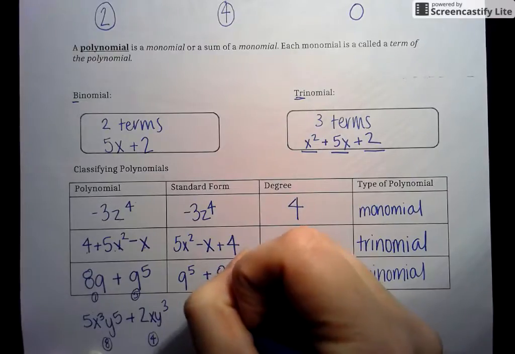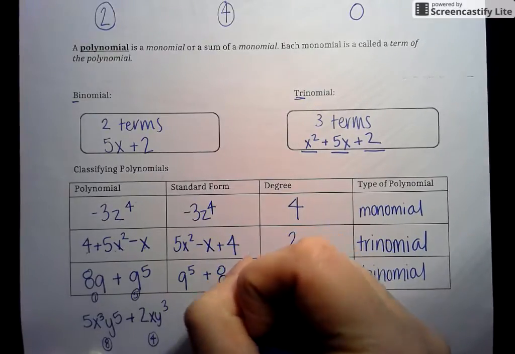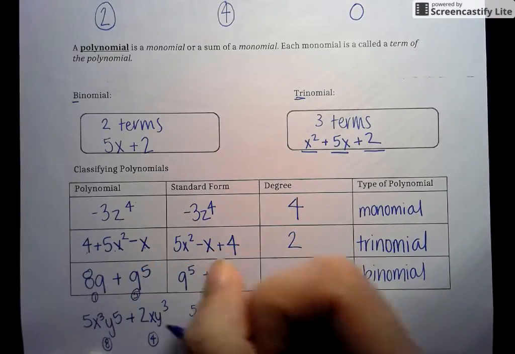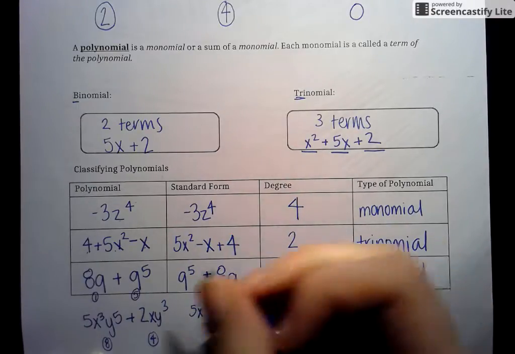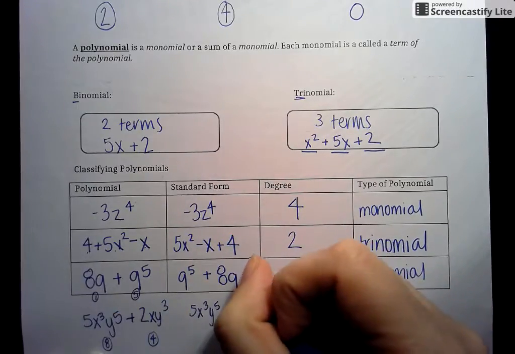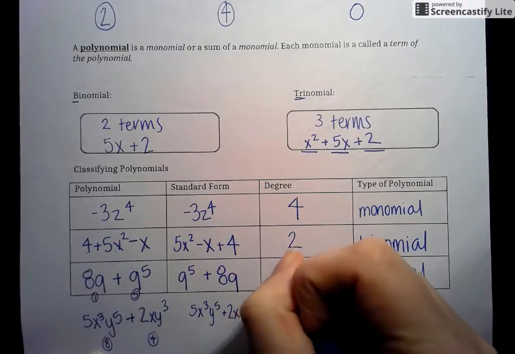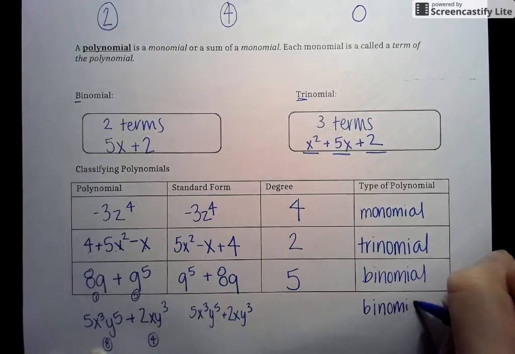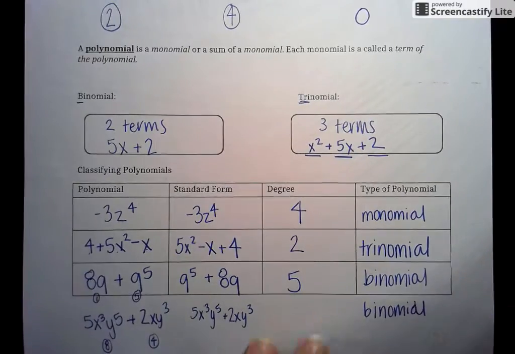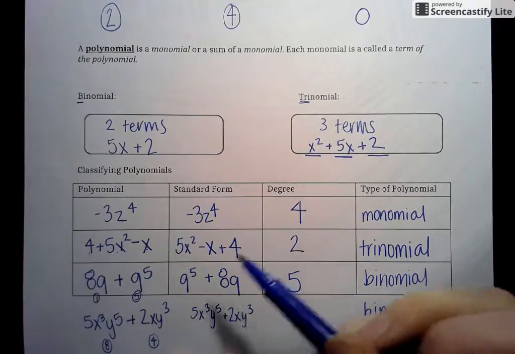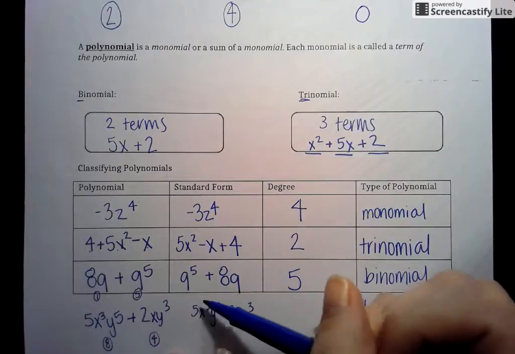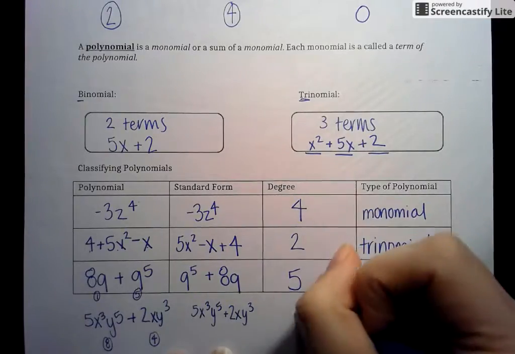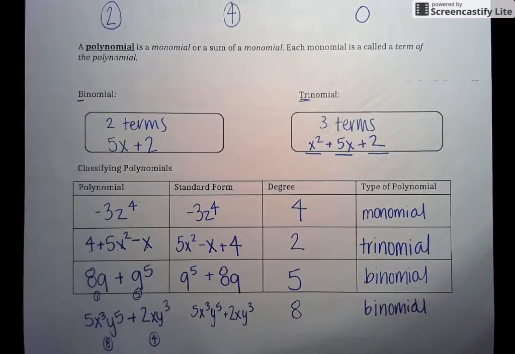So 5x to the 3rd power, y to the 5th, so that's a monomial, and that addition sign is now making it a binomial because it's 2 terms. So we can put that binomial. And our degree is going to be 8 because I did 3 and 5. So that's going to be 8.